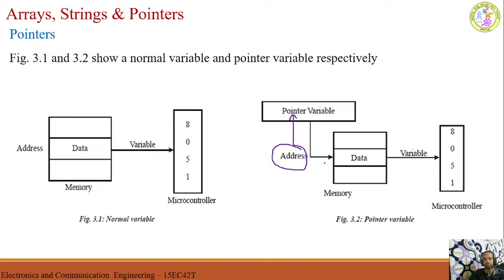So the address is not mentioned here, but it is inside another variable, and this variable is used to access this memory location which contains some data, and that will be given to the 8051 microcontroller. So indirectly we are accessing this data by using this address, where this address is stored in a variable that is called a pointer variable.